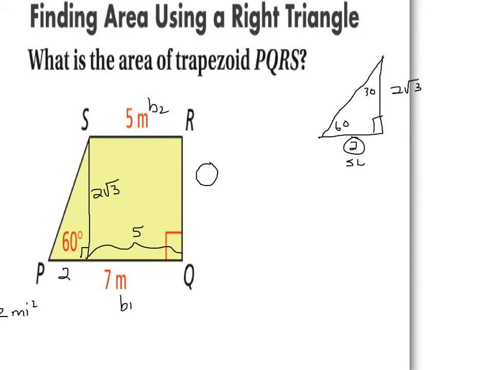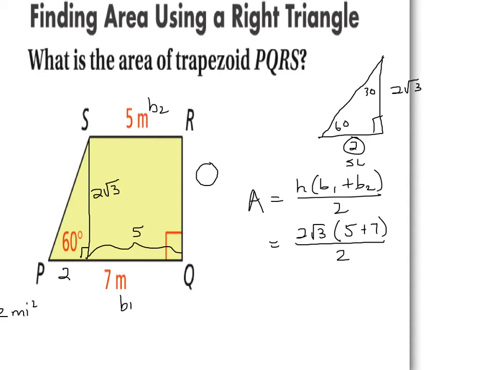When I plug this in to find the area, height times base 1 plus base 2 divided by 2, the height is 2 times the square root of 3, times the sum of the two bases, 5 and 7, and then we divide that by 2. The 2's will cancel because they're both on the outside.